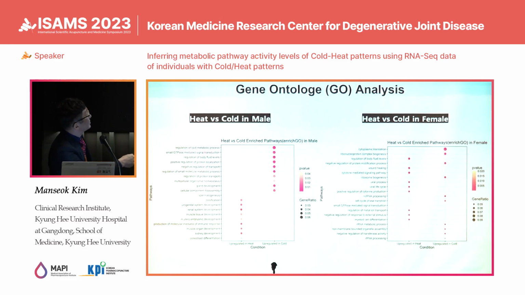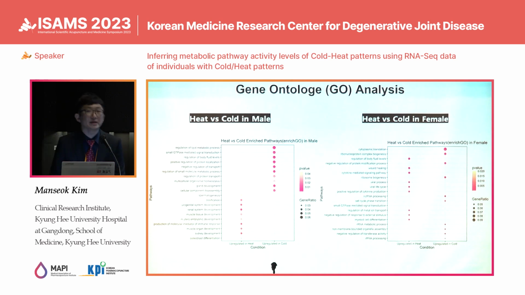For male, we had lipid metabolic process, protein localization, small molecule metabolic process and so on. And for female, this came from the comparison between cold pattern and heat pattern, we got biogenesis, protein modification, and again biogenesis and so on. We have another metabolic process here.